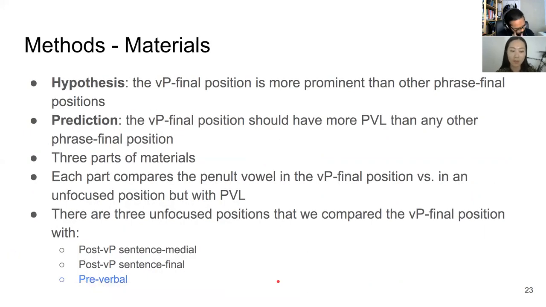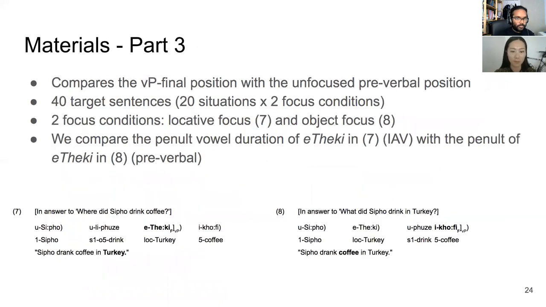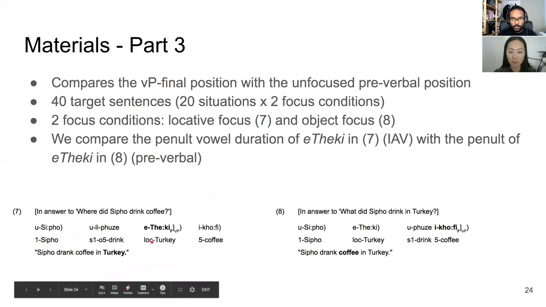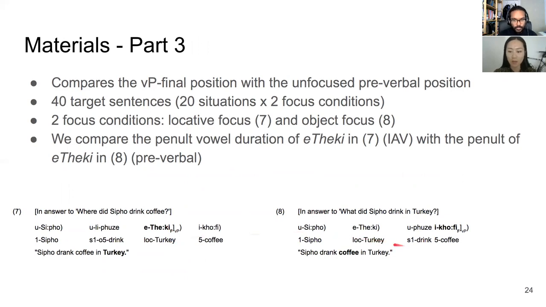Finally, the third part of the materials compares the VP final position with the pre-verbal unfocused position. So in this case, we would compare iteki in 7, which is under narrow focus and therefore VP final, with iteki in 8, which is in this pre-verbal position that nevertheless also undergoes penultimate vowel lengthening even though it is not focused.